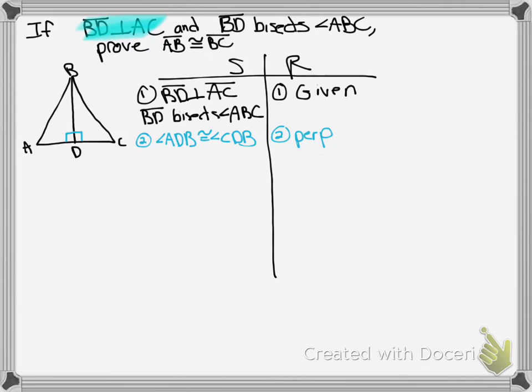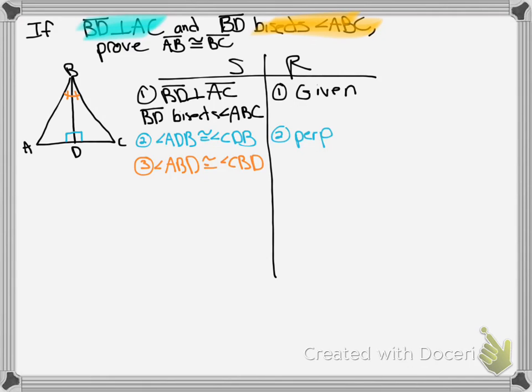The next part of the proof, the next thing that they gave me was that BD bisects angle ABC. Find angle ABC and bisect it. 3 letters for an angle, the middle one has to be the vertex. Angle ABD is congruent to angle CBD.